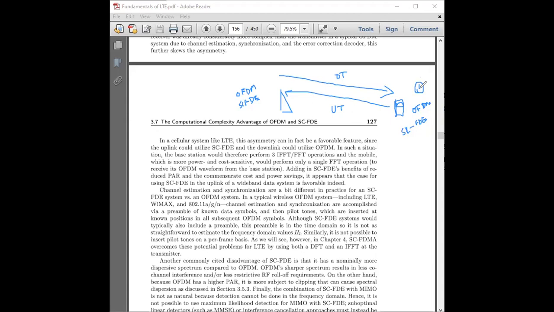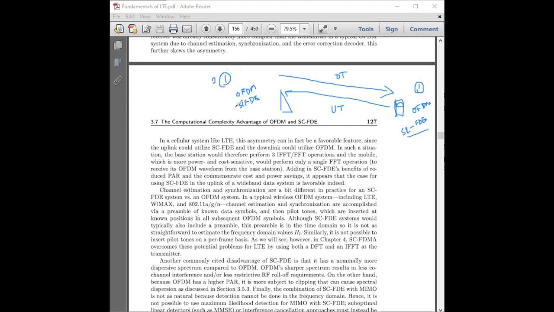So for transmission, you need to do IFFT once. SC-FDMA transmission does not need you to do either FFT or IFFT. Now let us see the tower side. For OFDM, you need to do it two times, right? For OFDM transmission, you need to do one FFT operation, which is the IFFT operation, right?